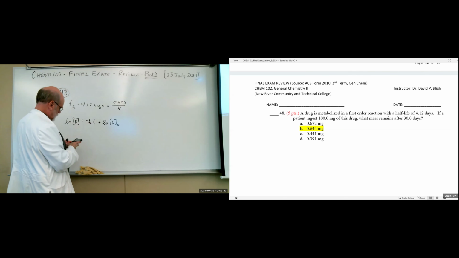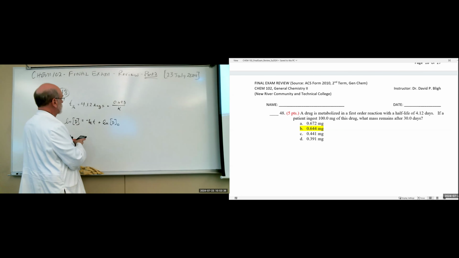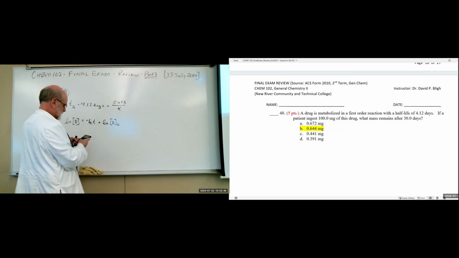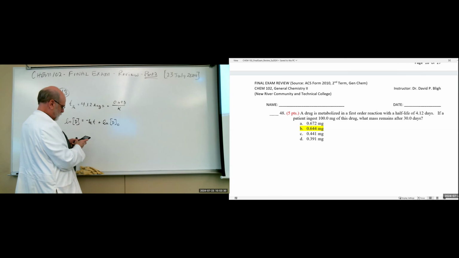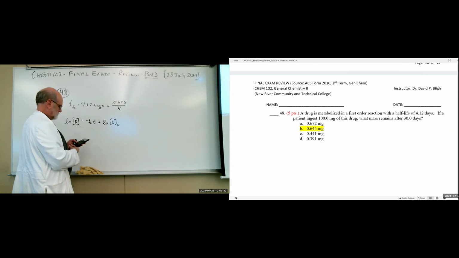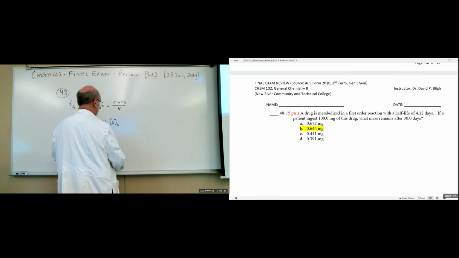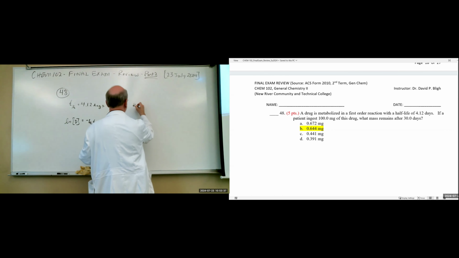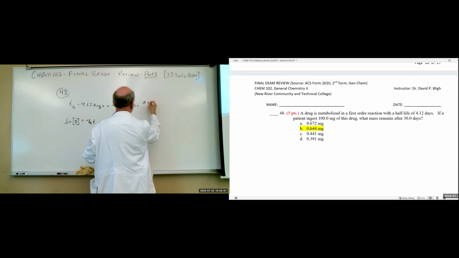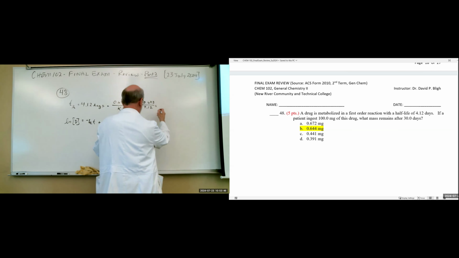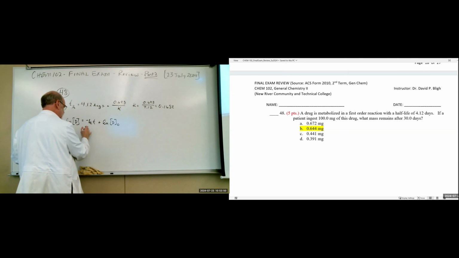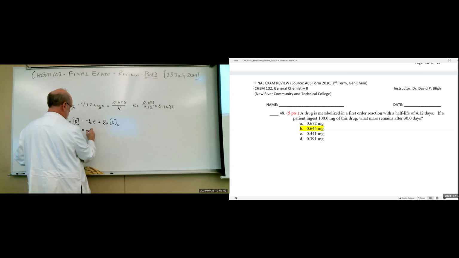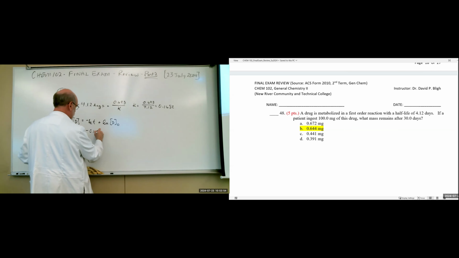So K then is going to be equal to 0.693 divided by 4.12, which is 0.1682. So now we have our K value, minus 0.1682.